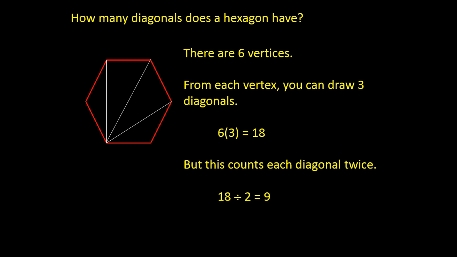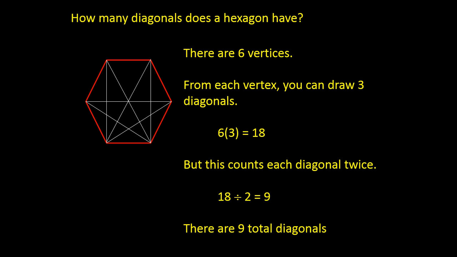So the number of diagonals that we would have in this hexagon is 18 divided by 2 because we've double counted, which is 9. So there are 9 diagonals in this hexagon. Let's draw them in. That's 6, 7, 8, 9. There's our 9 diagonals.